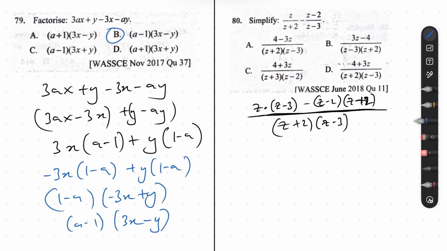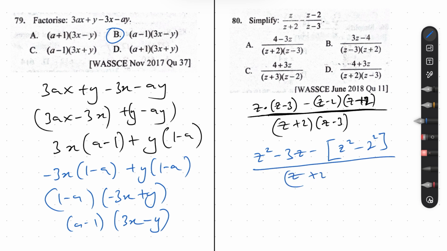So we have z squared minus 3z, then we have minus in a big bracket z squared minus 2 squared, all over our denominator, z plus 2, z minus 3.